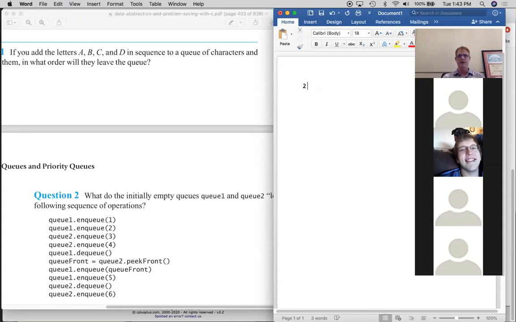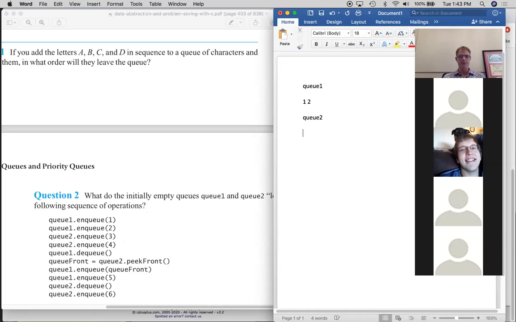Let's start that over again. I just realized that there were 2 different queues going on here. So here's Q1, and here's Q2. So Q1 dot enqueue 1, Q1 dot enqueue 2 means that.